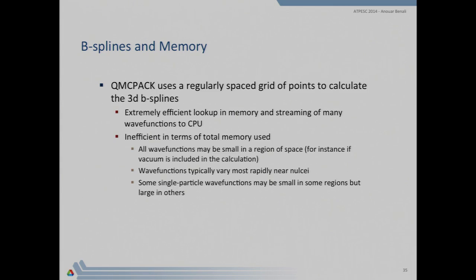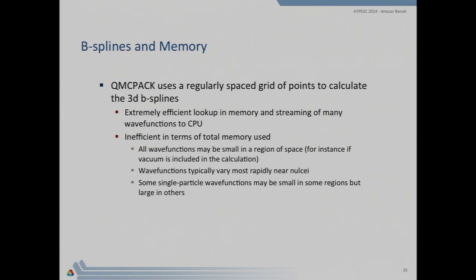Now, how do these B-splines that I just described, which are basically our wave function completely, affect the memory? In QMCPACK, we use a regularly spaced grid of points to calculate the 3D B-splines. This grid is the 64 points that I gave you. We put them over a mesh that we can control ourselves according to the precision we are trying to reach in our system.